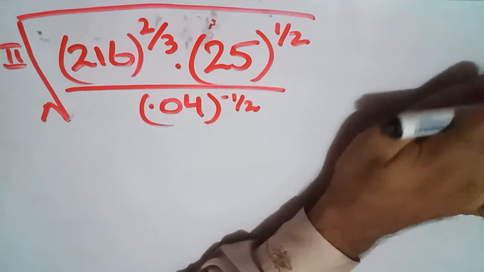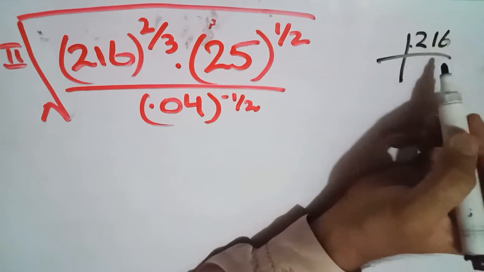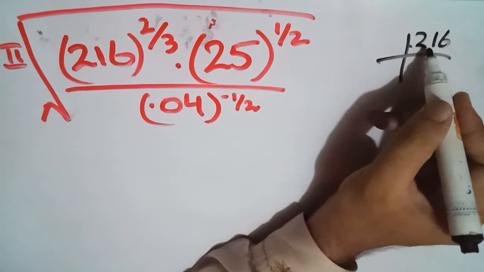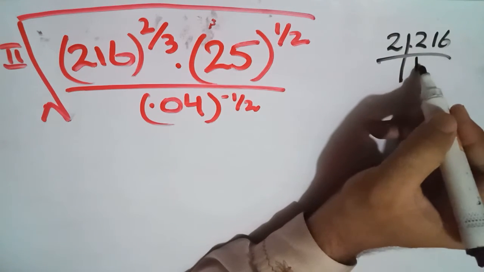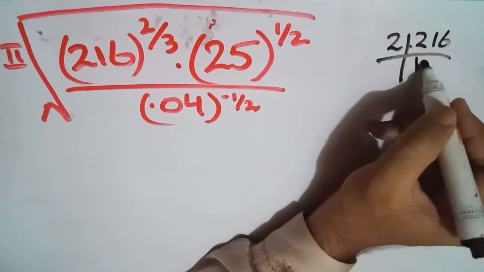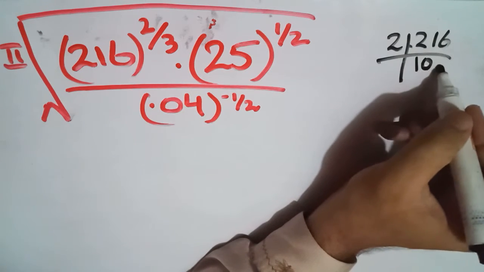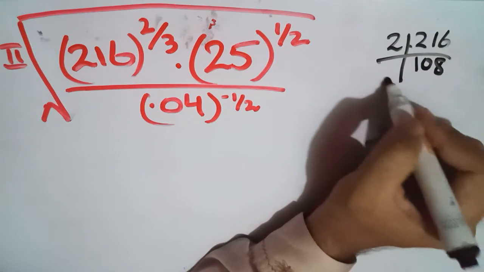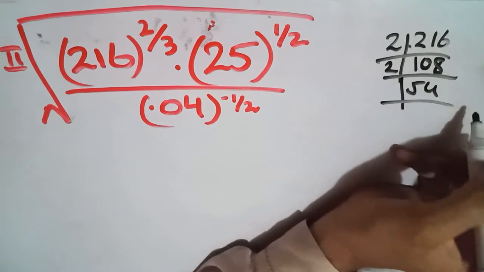So here we have the factors for 216. First of all, you will divide it by 2. 2 ones are 2, and this is not dividing, so you can write here in the place of 1 a 0. So by combining it, you can divide. 2 8s are 16, 2 5s are 10, 2 4s are 8.